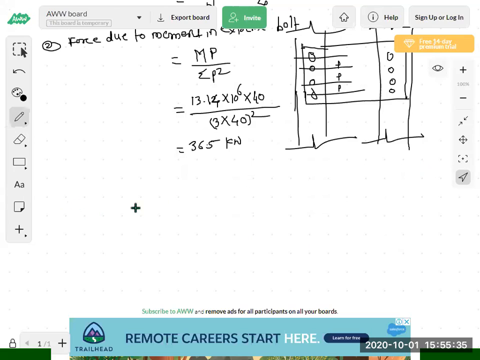So we have to calculate the resultant force in extreme bolt.